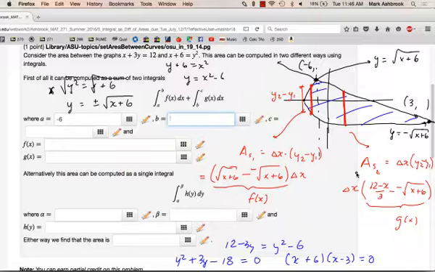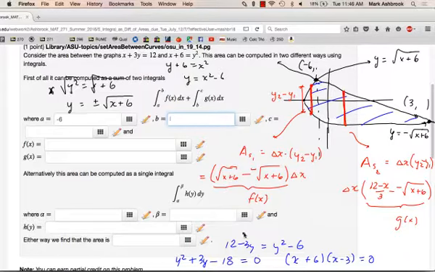So we're going to go from... Wait a sec. That's not right. Something's wrong. This was negative 6, right? Is that intersection actually through that? No, that wouldn't be right. Something's wrong. What did I do wrong?